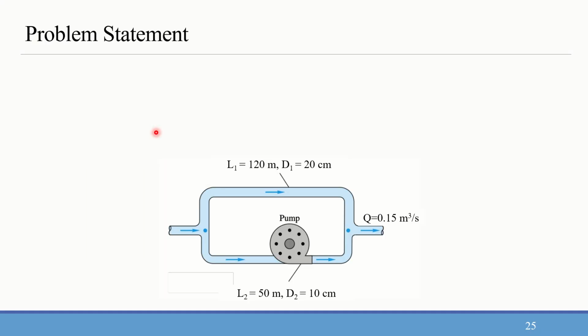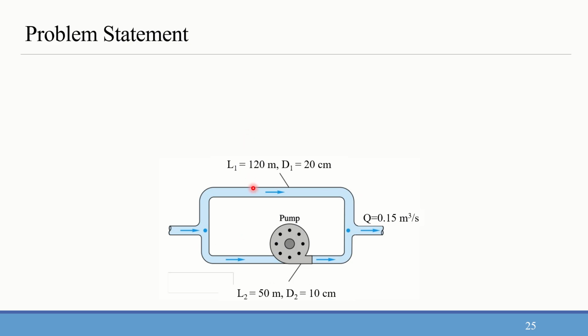Now we have a new set of problems, and all questions will follow based on this particular setup. First let us analyze the system. We have two pipes connected in parallel, with a pump in the second pipe, and a fluid entering and splitting into two pipes.